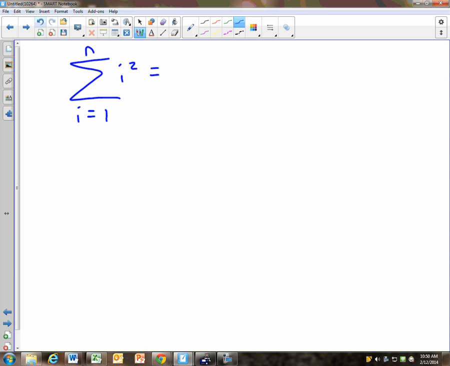But here's what we did. Do you remember this? This is saying we want to take the sum of the first n number of squares. If you plug in 1 and you square it, you get 1, plus 4, plus 9, and then you would do the n plus 1.